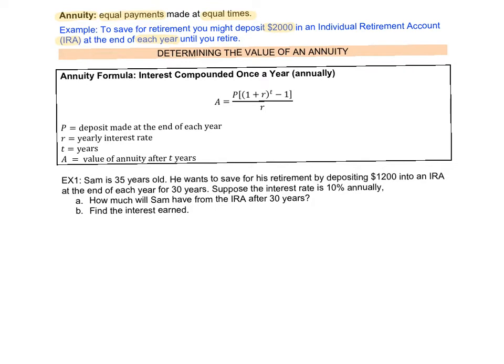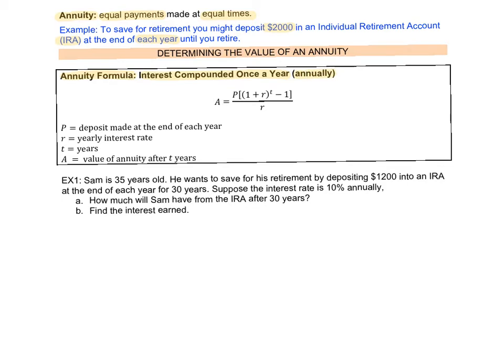To determine the amount that you have in your annuity or your savings, you would use this annuity formula. So we're first going to look at an annuity where you're just figuring out the interest, which would be the amount of times you compound it. So interest compounded once a year means your interest will be computed once a year or annually.